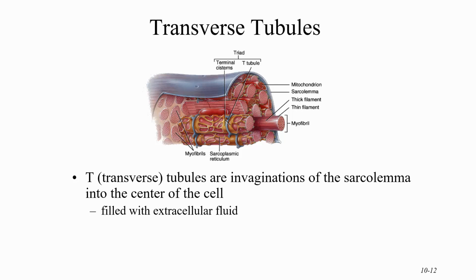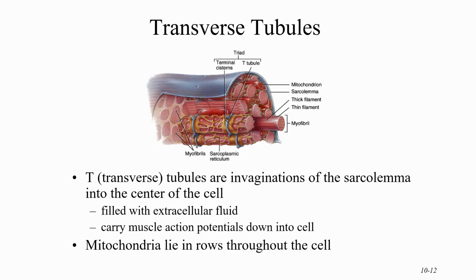And it's going to be filled with extracellular fluid. And that's just going to help conduct that electrical impulse, or that action potential, as we call it, down into the cell. So it carries muscle action potential down into the cell.